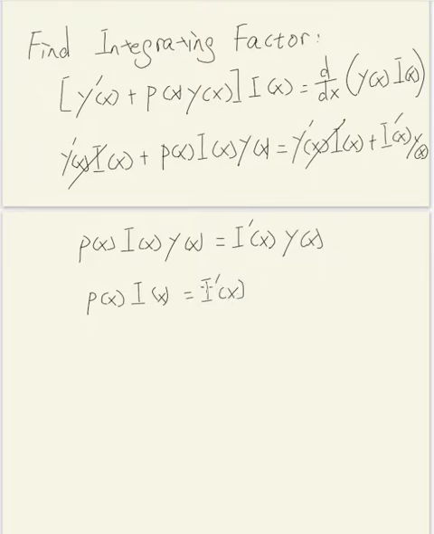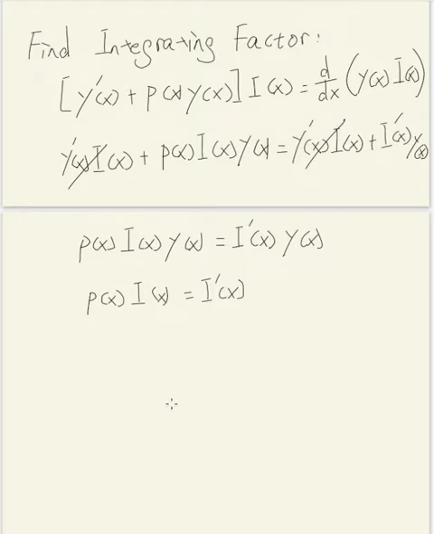So an integrating factor is a function I such that it satisfies this condition right here. We've simplified the integrating factor condition, right? Now, this is an equation we know how to solve.